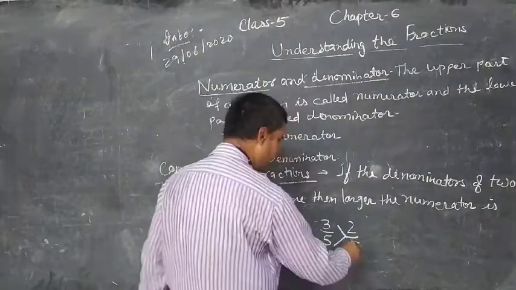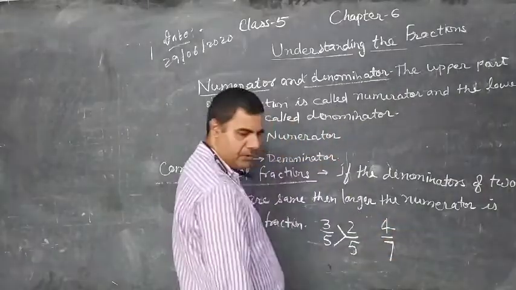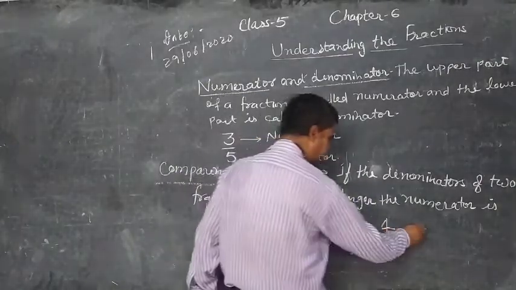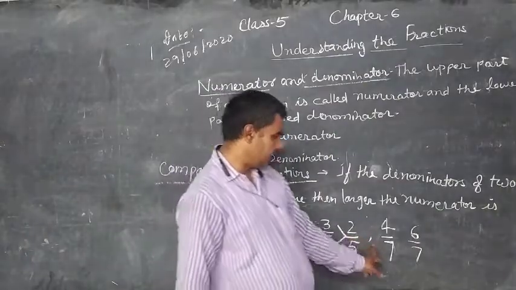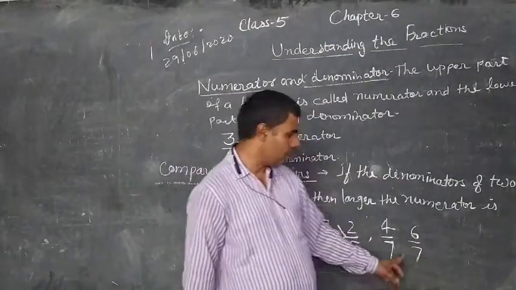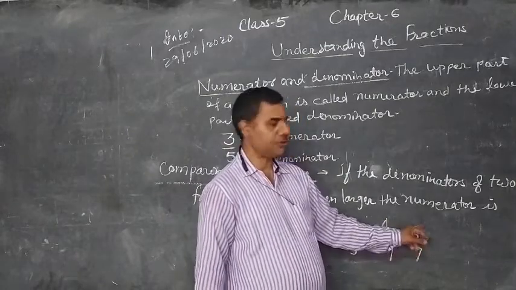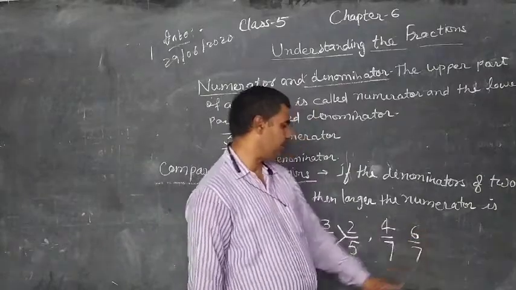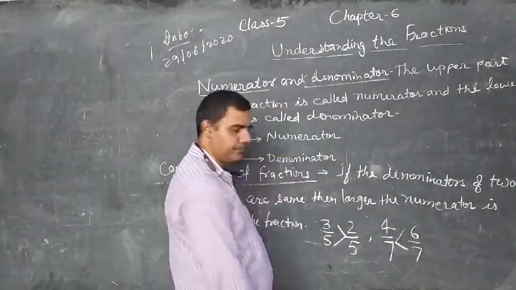See, 4 upon 7 and 6 upon 7. Here denominators are same, so larger numerator means 6 is larger than 4. So 6 upon 7 is larger.